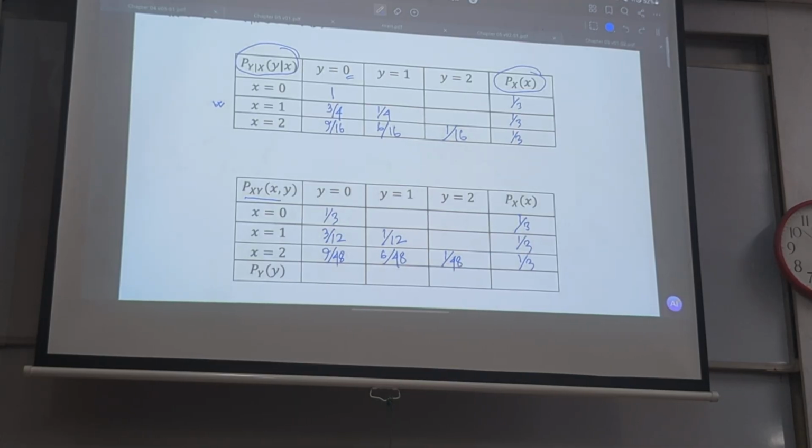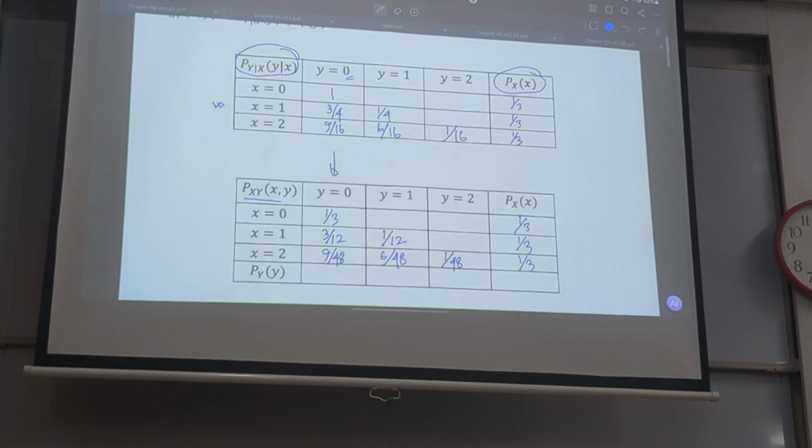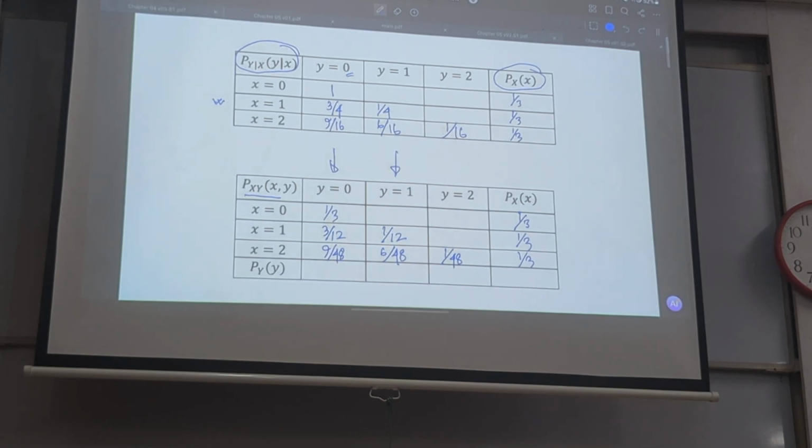Easy way: in this column, how many wrong answers? 0. So we do not add this. In this column, how many wrong answers? 1. In this one? 2. So at least one: 1/12, 6/48, 1/48.